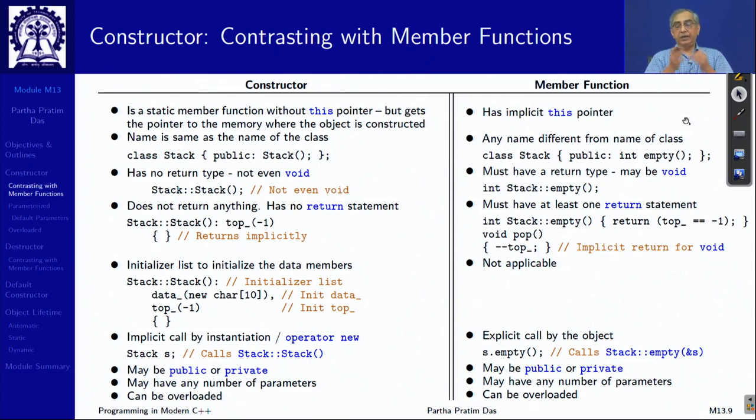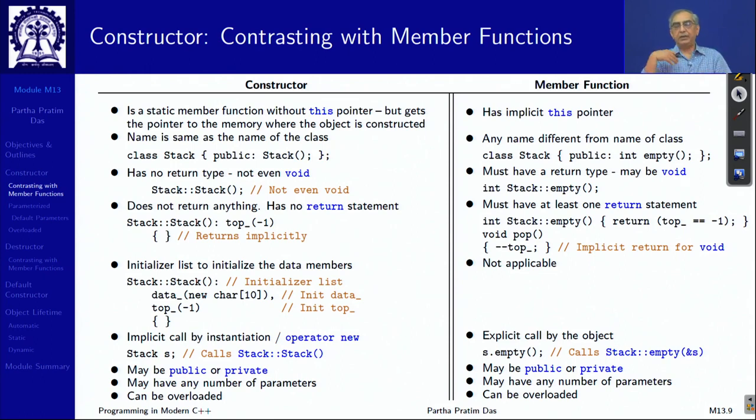Let us see the difference between a constructor and a member function, because a constructor is also a member of the class, specific to that class, with that specific name. The first thing to remember, and we will talk about this more later, is that it is like a static member function. The problem with the constructor in comparison to other member functions is that all other member functions are invoked after the object has been constructed and all initialization is done. When you are calling the constructor, the object is not constructed, because that is the purpose for which you are calling it.